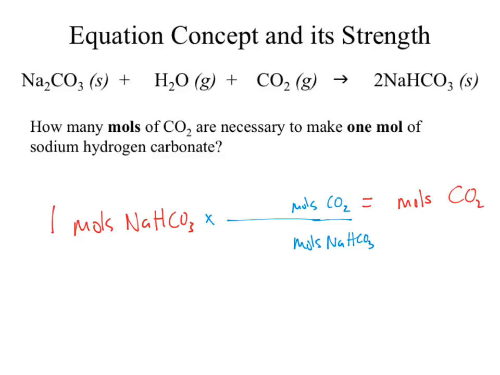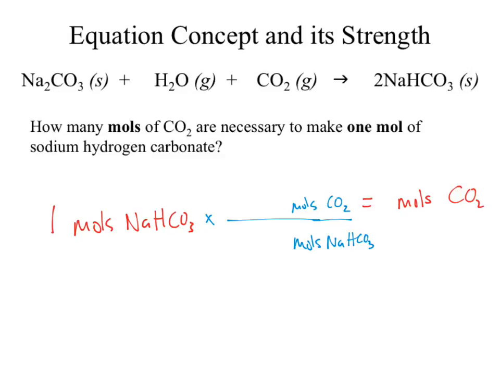If I had 2 molecules of carbon dioxide, how many molecules of sodium hydrogen carbonate could I make? 4. What if I have 6.022 times 10 to the 23rd molecules of CO2? Twice that. Okay, fine, I'll accept that.